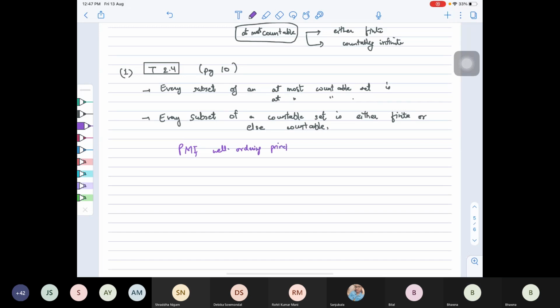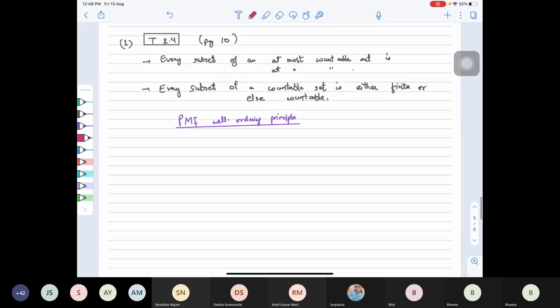If you think of this statement, we have x1, x2, ..., xn as an enumeration of the set, because we have a countable set, right? So any subset of this cannot be larger. It can be either finite or countable. It can never be uncountable.